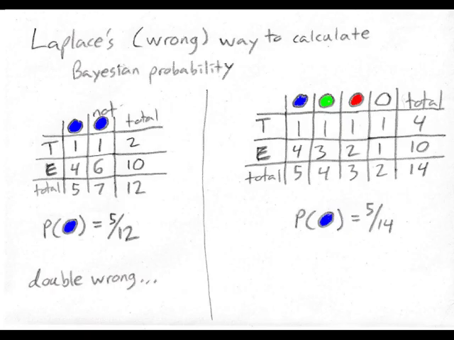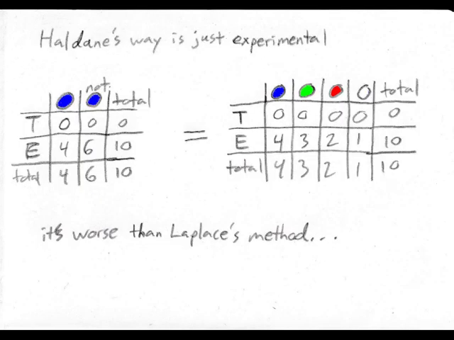When looking at 4 distinct options, the probability of a blue coming next will be 5/14. Haldane's way is just experimental. At the beginning, it gives a theoretical count of 0 for every credible option. It's worse than Laplace's method, and we've already gone through why.